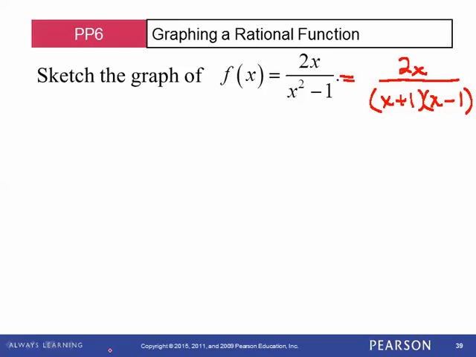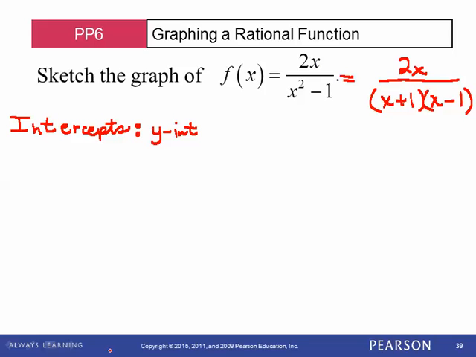Alright, and like we said with polynomials, the important stuff is the intercepts. Those are very important. And on top of that, with rational functions, any asymptotes. If you've got the intercepts and the asymptotes, you're good to go. So let's find all the intercepts. Let's find the y-intercept.